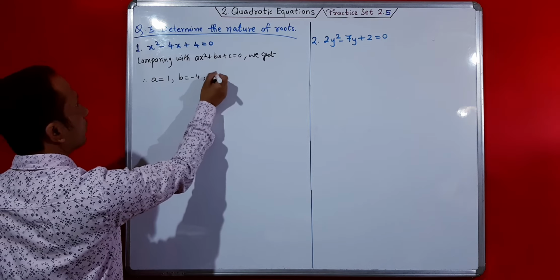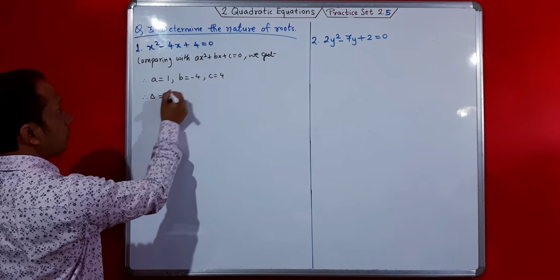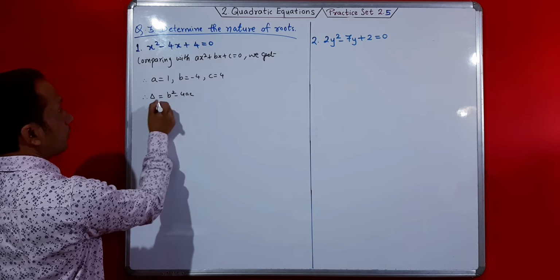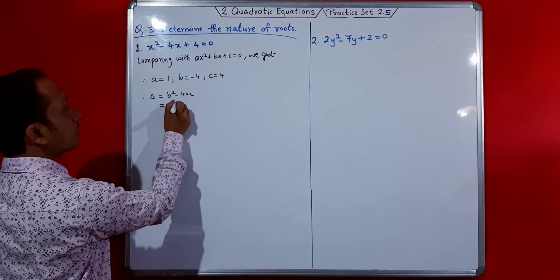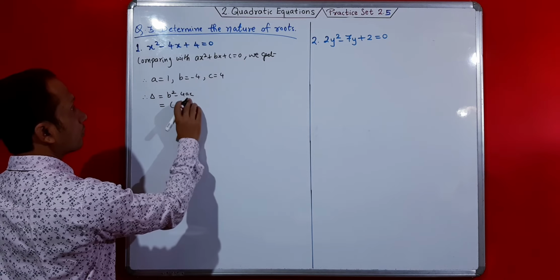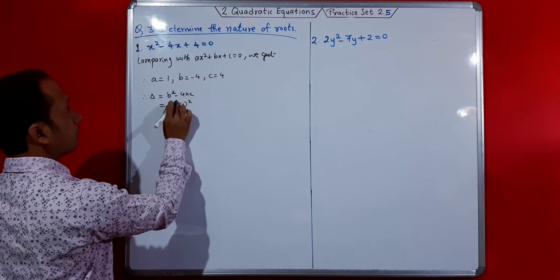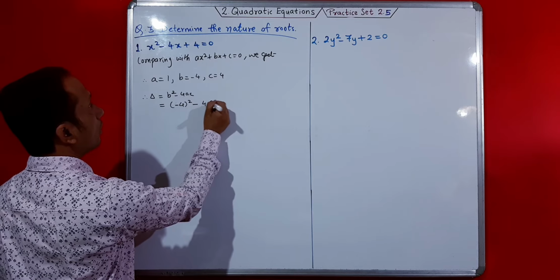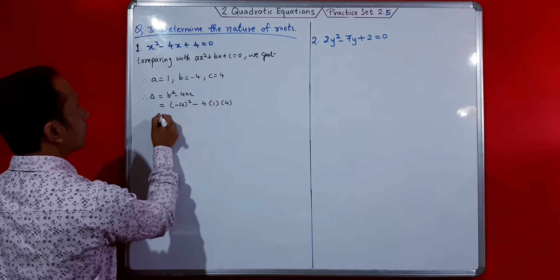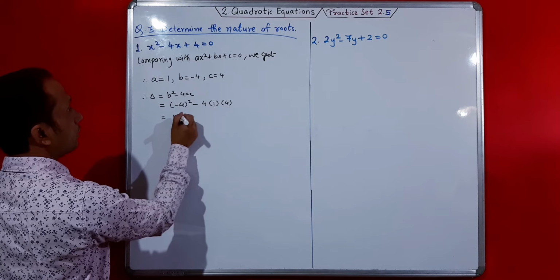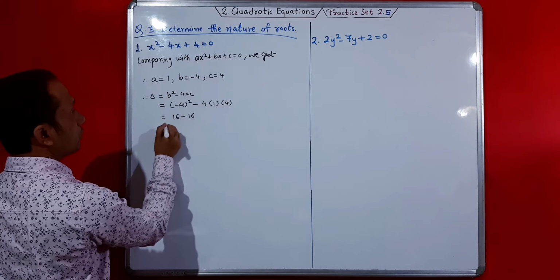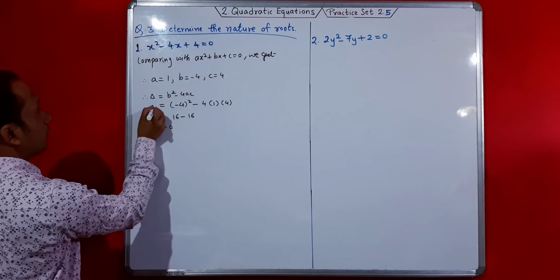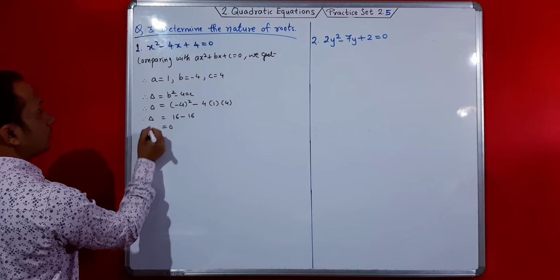Therefore you have to find here also discriminant. Delta is equal to b square minus 4ac. Therefore b square means -4 square, and minus 4 into a which is 1 and c which is 4. So it is 16 minus 16, it is 0. So delta is equal to 0.